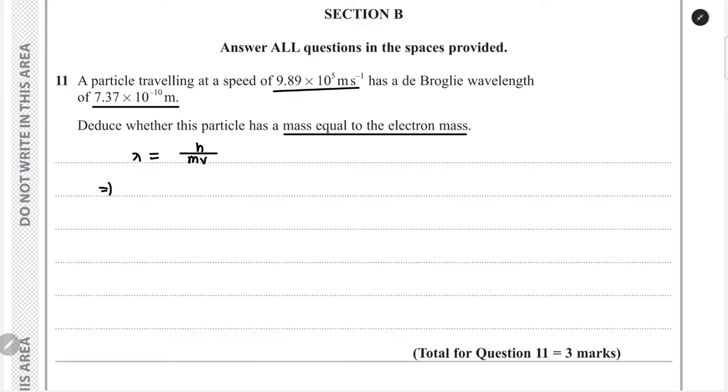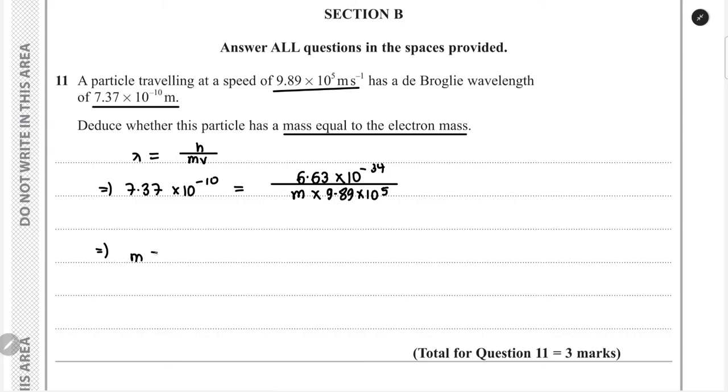The wavelength here is 7.37 times 10 to the power minus 10. Planck's constant, or h, is 6.63 times 10 to the power minus 34. We have to calculate the mass, and the velocity of the particle is 9.89 times 10 to the power 5.